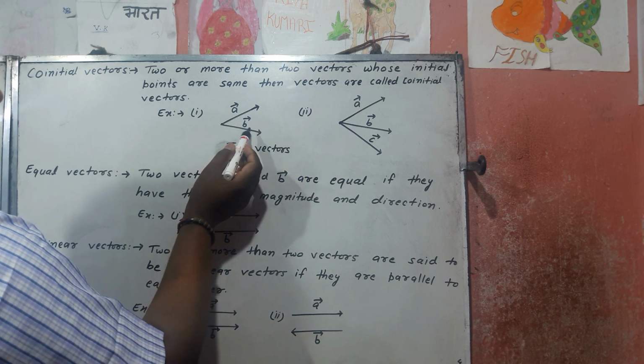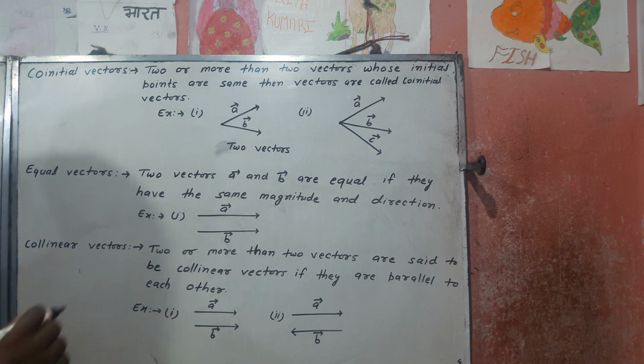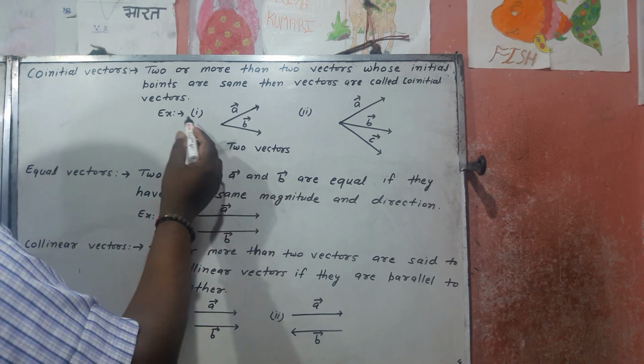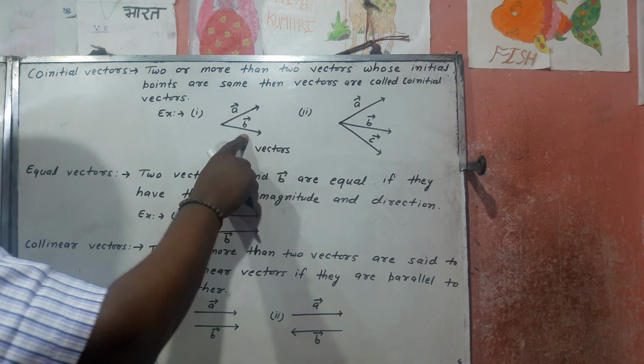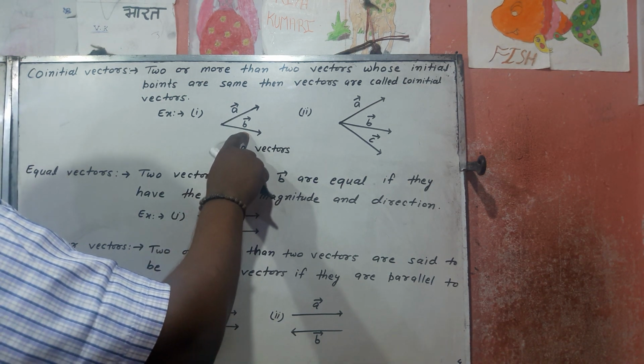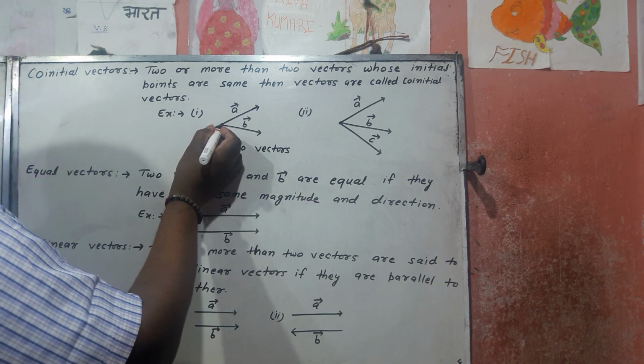A vector, B vector. Here in the given example 1, A vector and B vector are starting on one point.